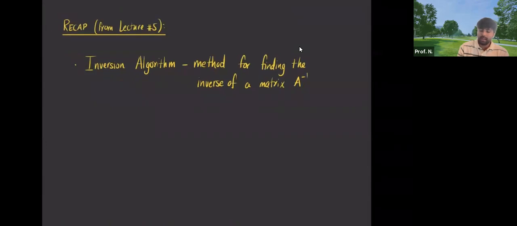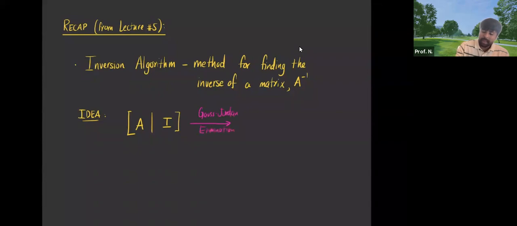Right? And so the idea is that we take a matrix A, we augment it with the identity, we perform Gauss-Jordan elimination, and of course we assume that A is invertible, meaning that A inverse exists, right?